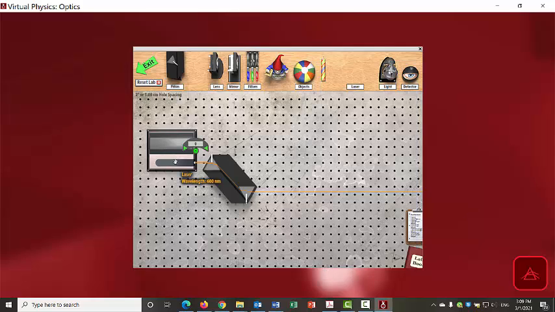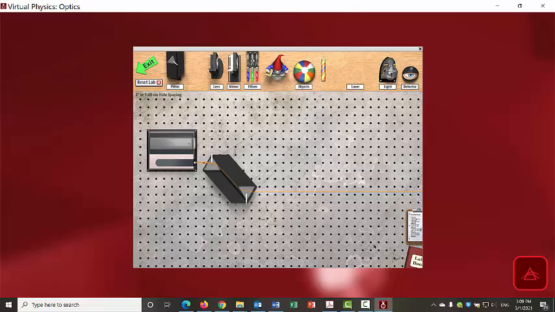This one is the laser to generate light with a wavelength of 600 nanometers, and this prism has two parts. You can see the light go through from here and exit at a certain angle.